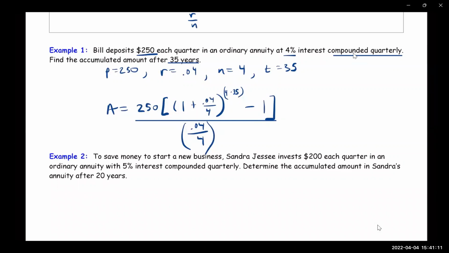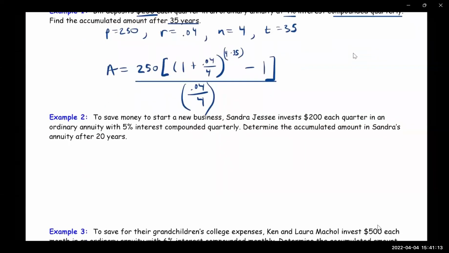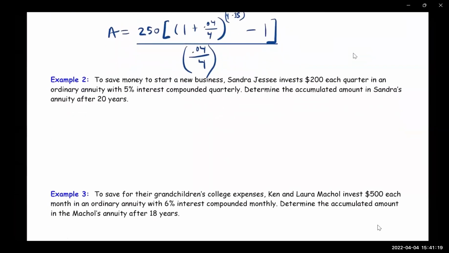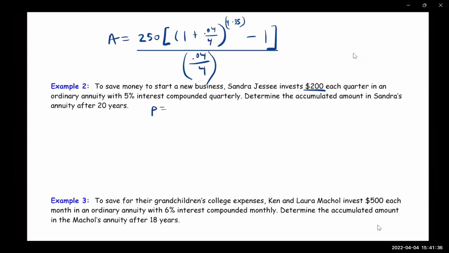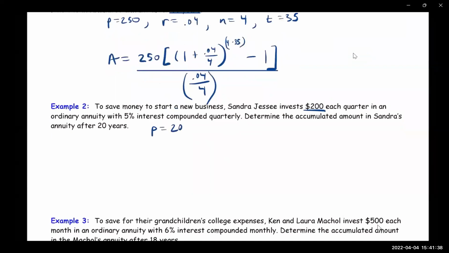All right, let's look at number 2 now. To save money to start a new business, Sandra invests $200 each quarter in an ordinary annuity with 5% interest compounded quarterly. Determine the accumulated amount in Sandra's annuity after 20 years. Okay, so the same thing. Let's start off with figuring out what all the variables represent. P represents 200, because that's how much she's putting in.